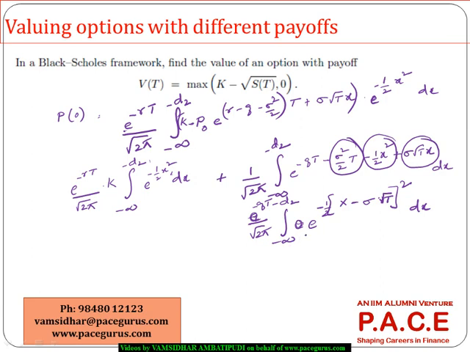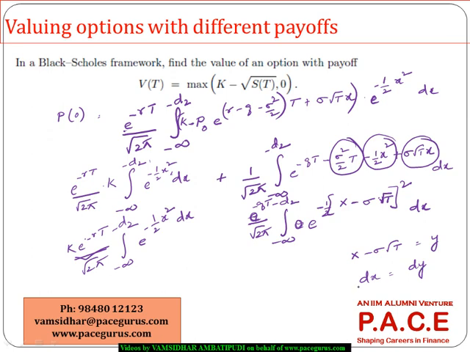So I could very well now look at the first part. Typically it is k e power minus rt by square root of 2 pi. I am integrating it between minus infinity to minus d2 of e to the power of minus half x squared dx. Now probably here if I say x minus sigma root t, if I am taking it as y, then dx is coming out as dy.